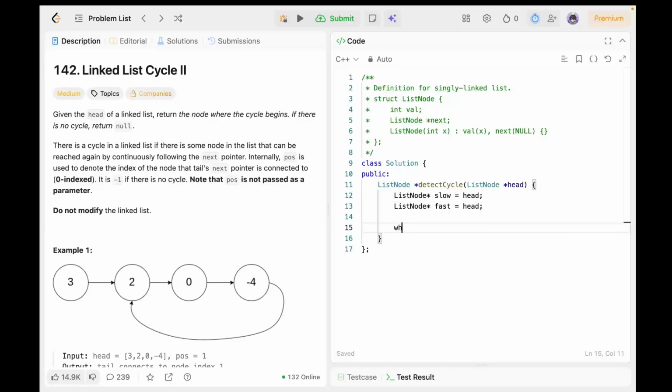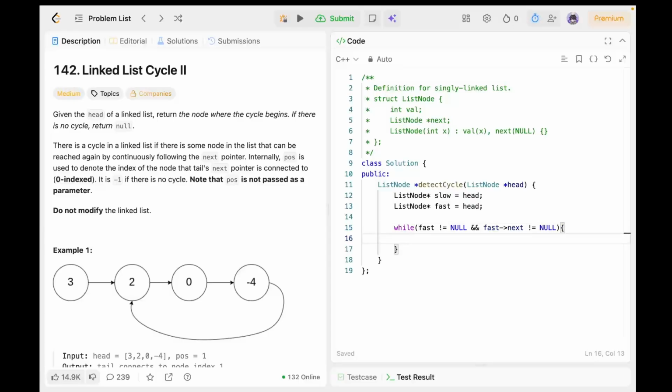So what we have to do, we have to traverse while my fast is not equal to null, and my next of fast also should not be equal to null.